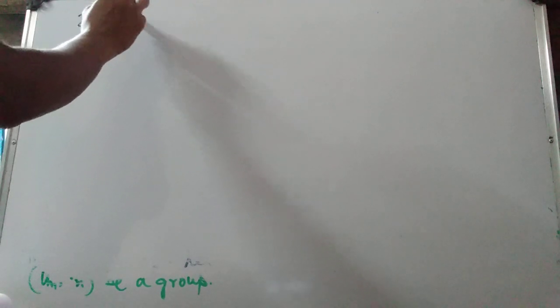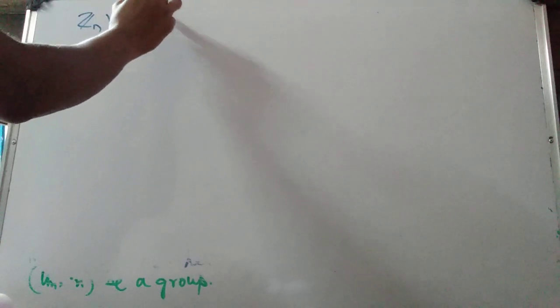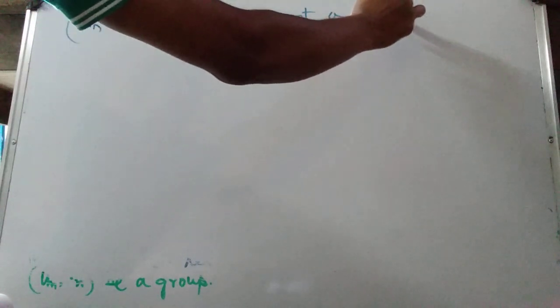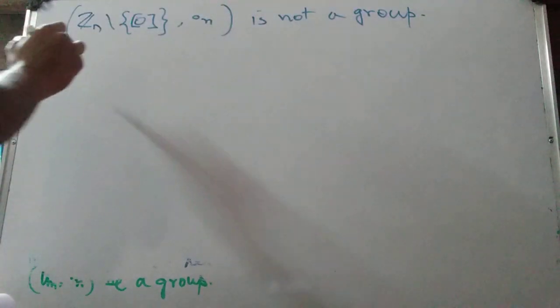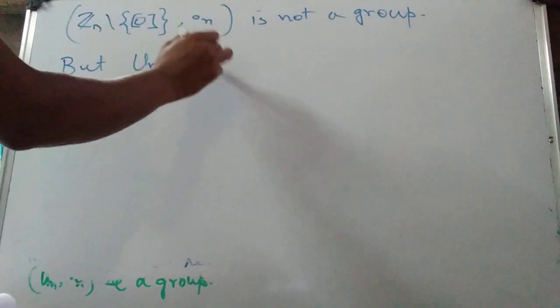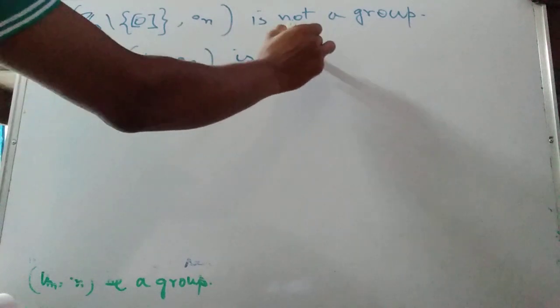Zn difference 0 class with respect to multiplication modulo n is not a group, but Un with multiplication modulo n is a group.